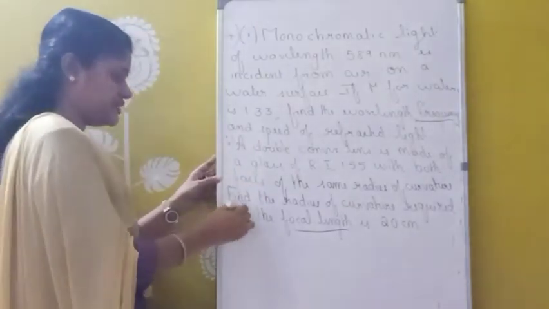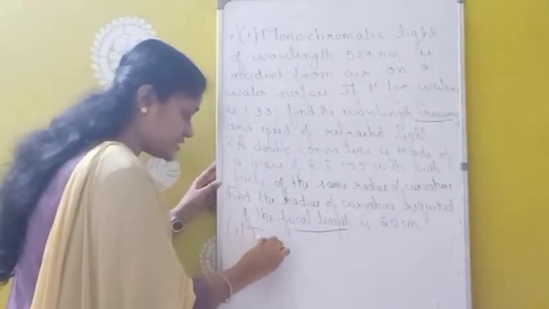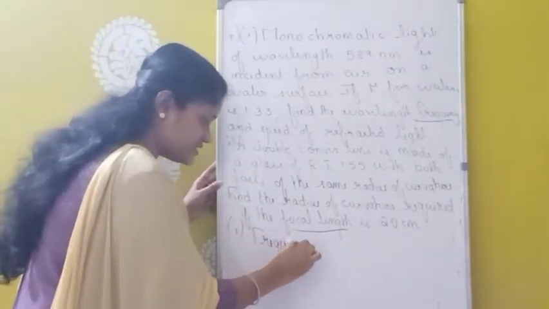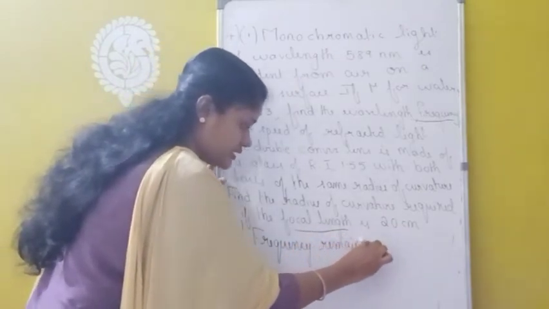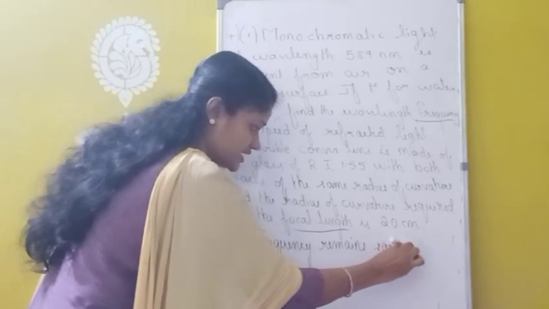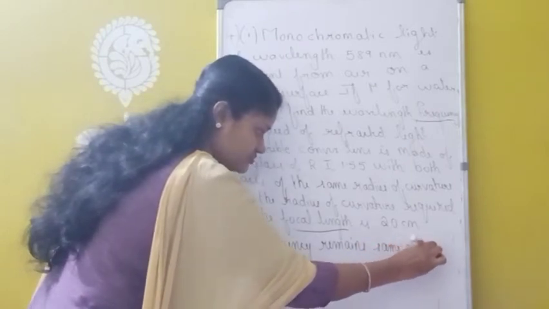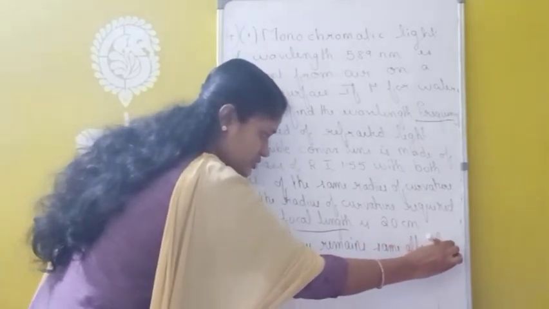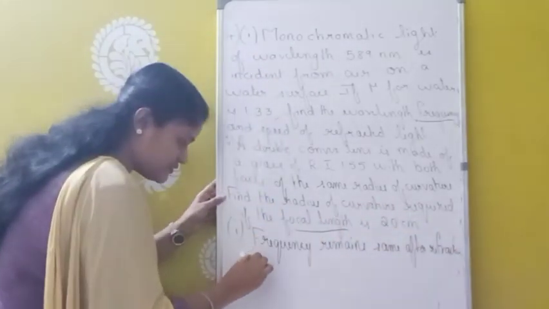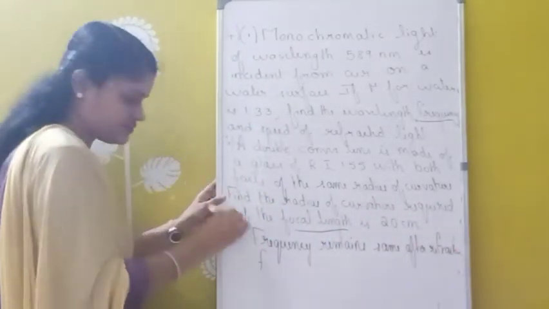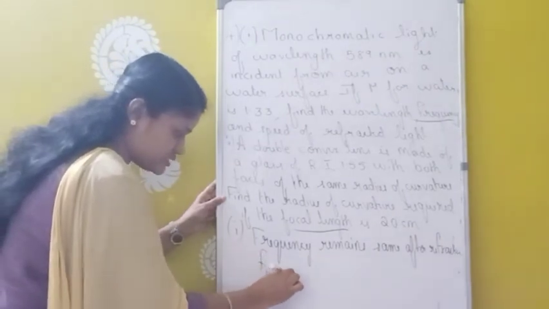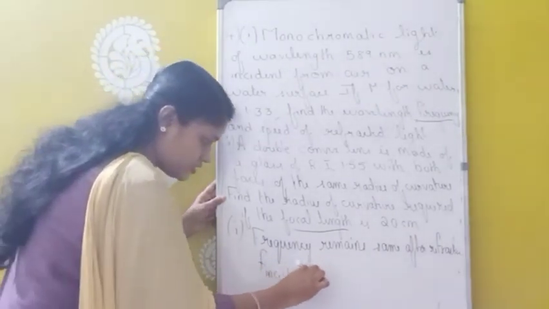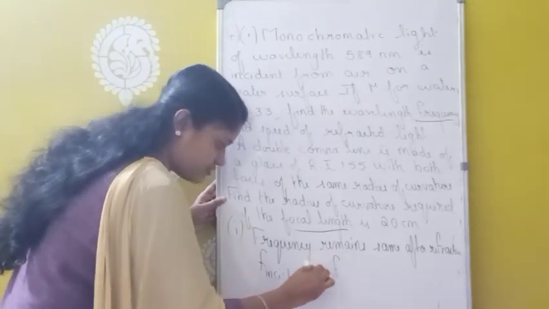So the frequency remains the same after refraction. Taking the frequency symbol as f, the frequency of the incident beam equals the frequency of the refracted beam.